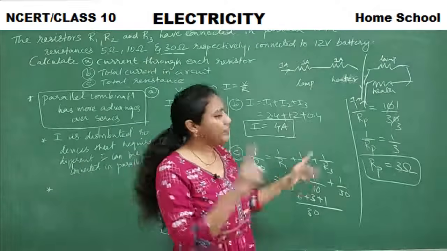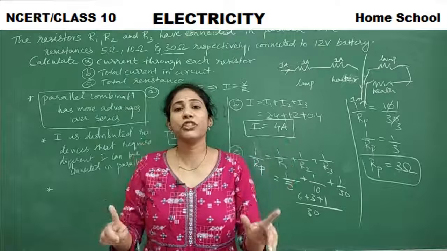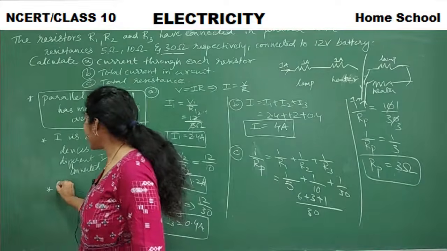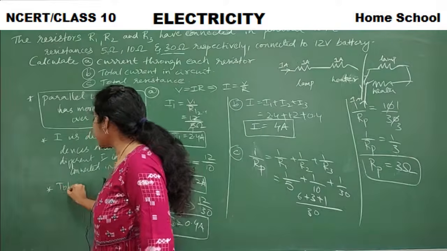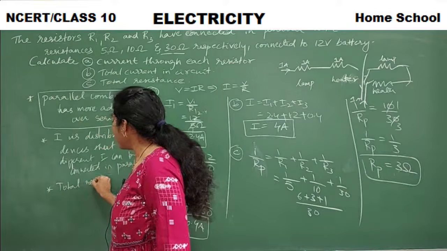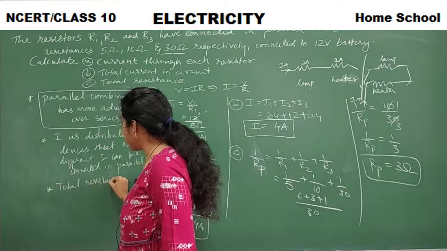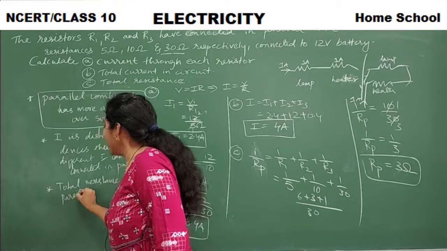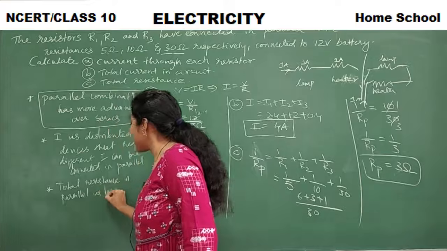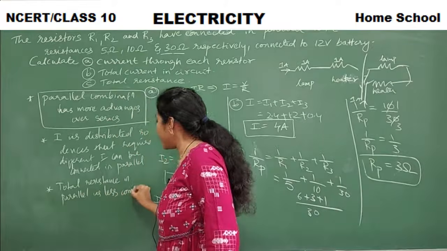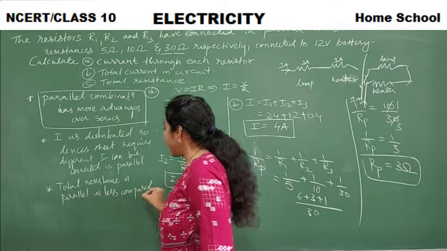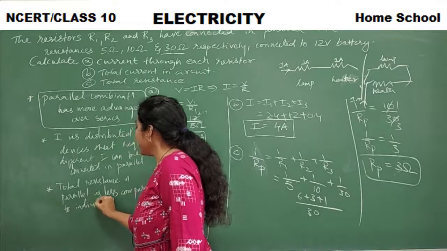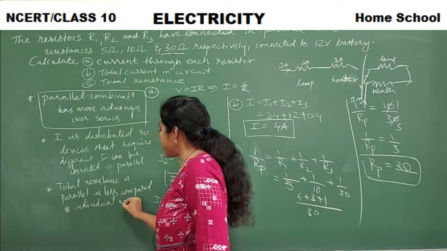So this is one of the major advantages of parallel combination. Which point can I mention here? Total resistance in parallel combination is less compared to individual resistances.